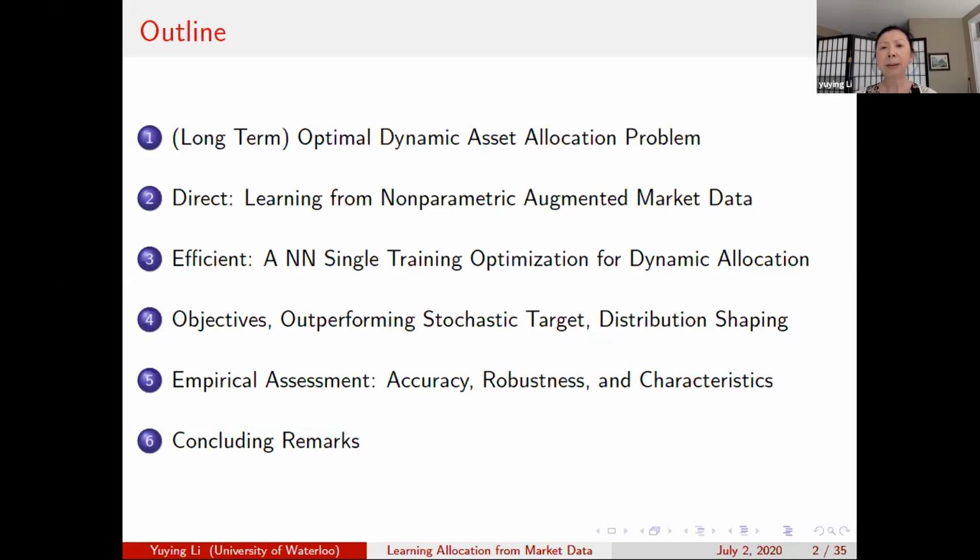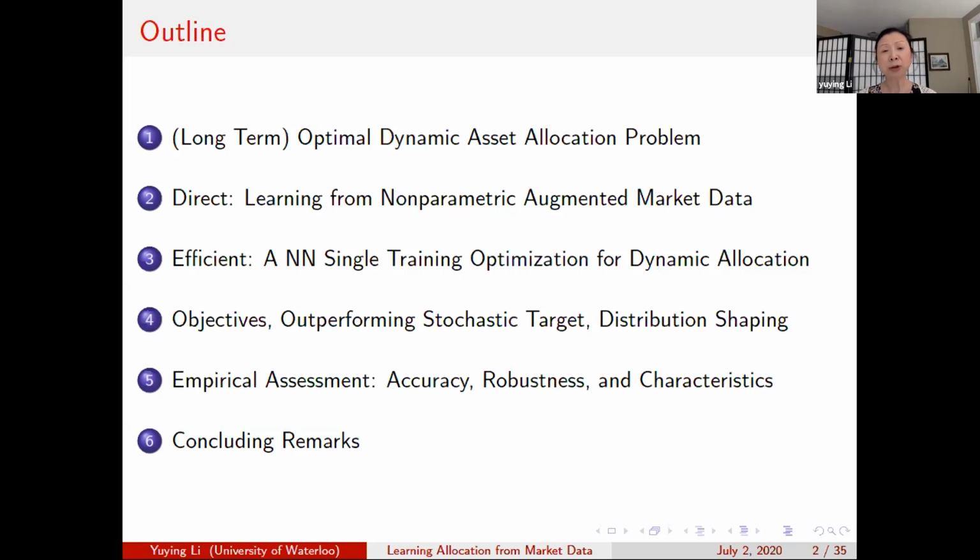I will talk about the traditional approach of solving this problem and what the challenges are. For most of my presentation, I will use a particular application, the pension allocation problem, as an illustration of the proposed framework. As well, I will talk about our empirical assessment of strategy performance based on that pension allocation problem.